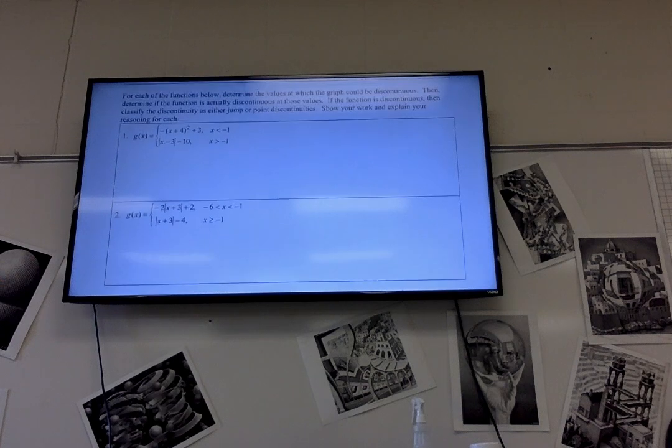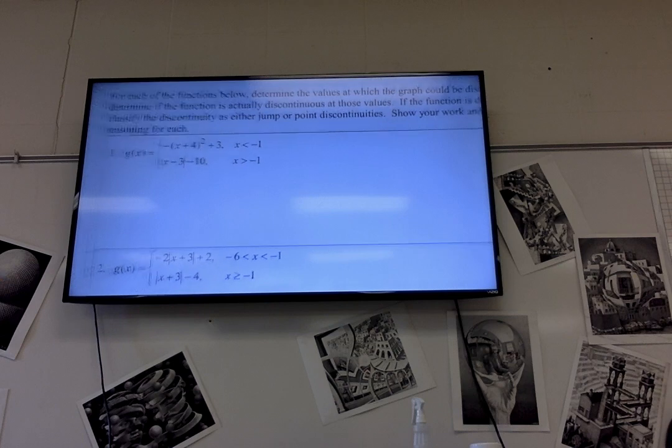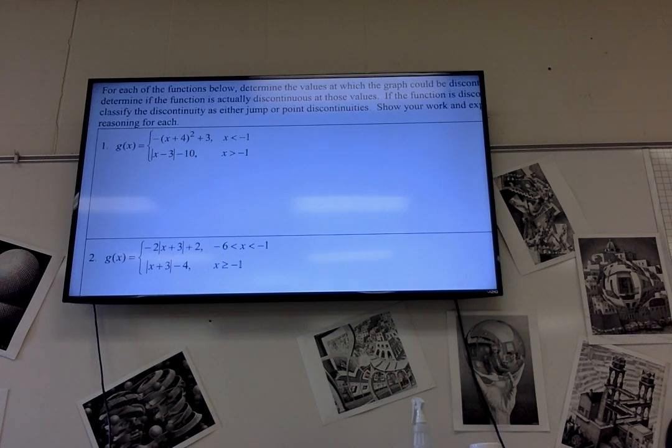Okay, now let's go back and look at 1 and 2. It's the same as we've already done kind of things, but it's good practice. Okay, we're trying to figure out where there could be jump or point discontinuities. So I look at these numbers. They're both -1, so that's where my possible issue is. So I'm going to separate it like this.